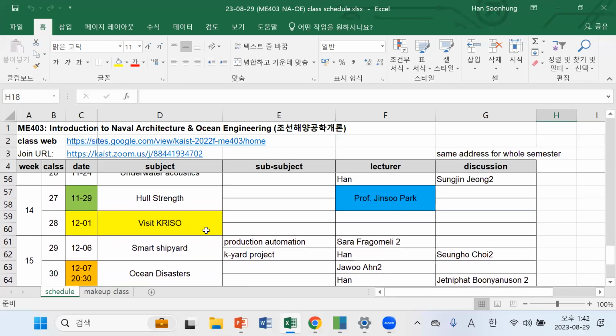And also last time we visited the Research Institute, the Korea Research Institute of Ship and Ocean Engineering, nearby, but we need to have transportation. Anyway, it is about a 15-minute drive from here, inside Daedok Science Town.